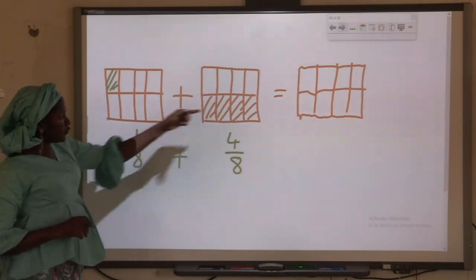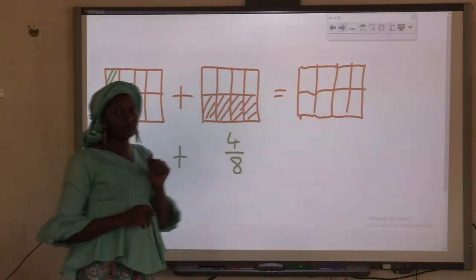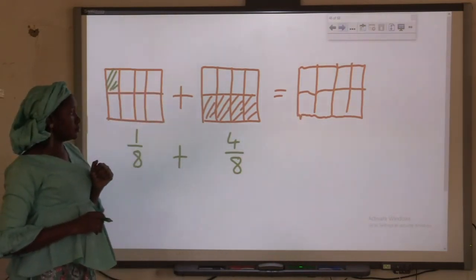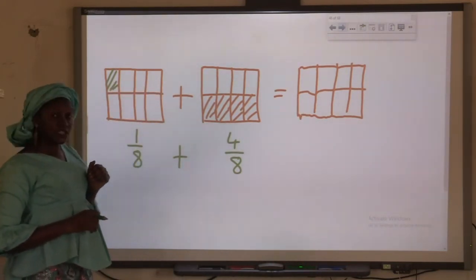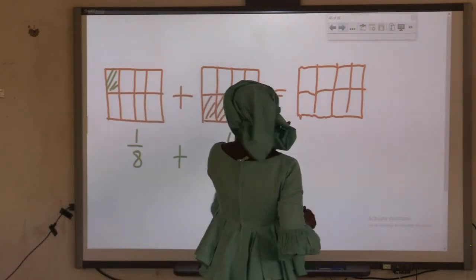Here, how many portions would be shaded? It is going to be 5 portions. That is 1 plus the 4 portions here.